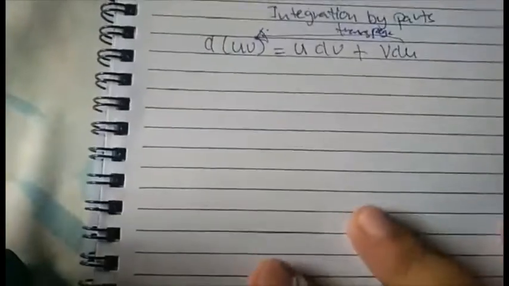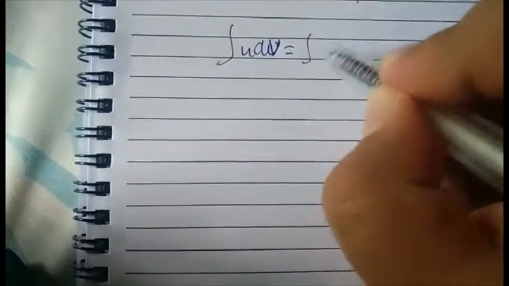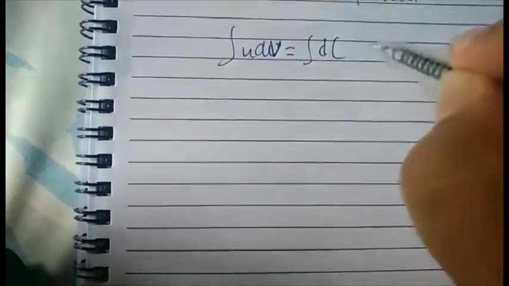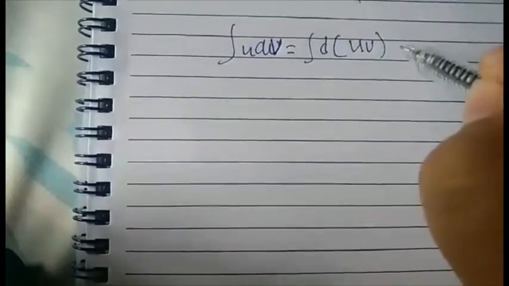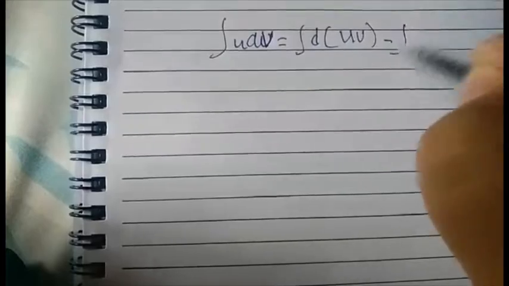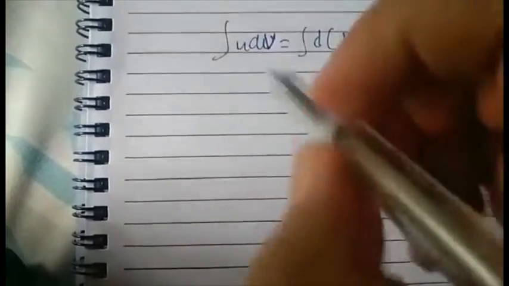Transpose. Then our integral of u dv equals uv minus the integral of v du, and this is our integration by parts.